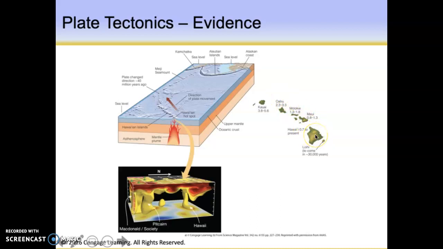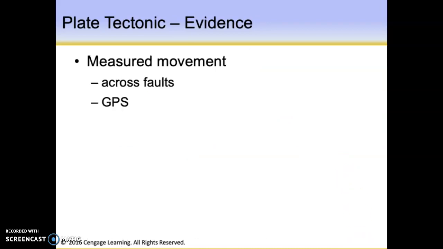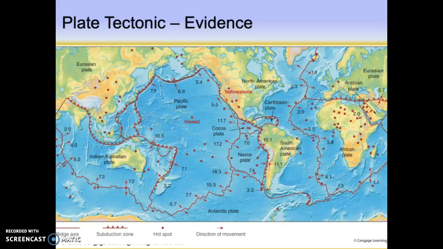And it turns out to be a few inches or a few centimeters per year would produce this chain of islands. And that brings another question in our next slide, which is, if we're so clever, can we actually measure this movement? And the answer is yes, we can. Initially, what they did in the 1970s was they set up stations across plate boundaries.